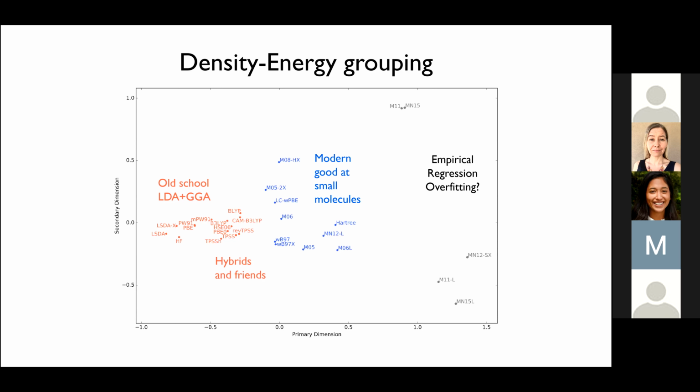You then can keep upping that number and look at even bigger clusters. So we suddenly see the old school and the hybrid and friends lumped together as being more similar to each other. And then some other functionals. These ones are more or less the modern go-to functionals that are exceptionally good at small molecules, such as the M06 or omega B97X.